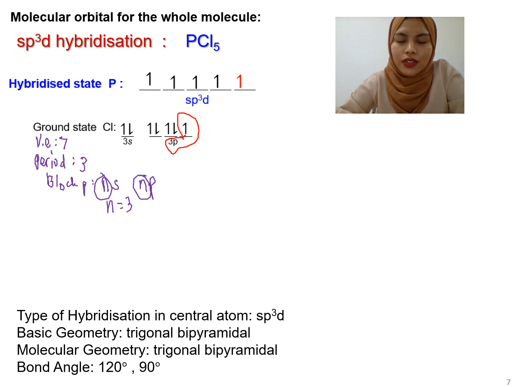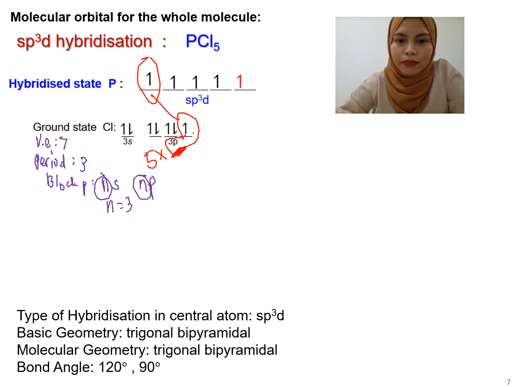So this single electron lah yang akan bond dengan satu single electron di sp3d hybridized state of phosphorus. Okay, so kiranya each of the Cl atom ada 5 kali kan. So 5 kali single electron di 3p orbital ni akan bergabung dengan sp3d punya hybrid orbital.